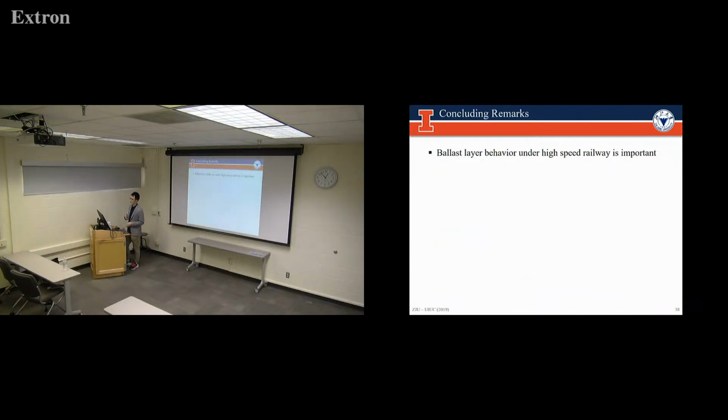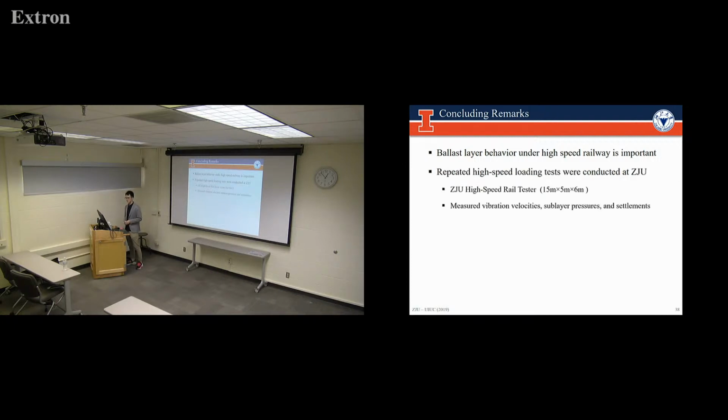So now I can give some concluding remarks. For the ballast layer behavior on high-speed rails, we have shown that it's important. There is the repeated high-speed loading test that was conducted at ZJUI. We have implemented some loading functions and PID controllers in the DEM software, and using those functions, we will be able to run large-scale track simulations in DEM.